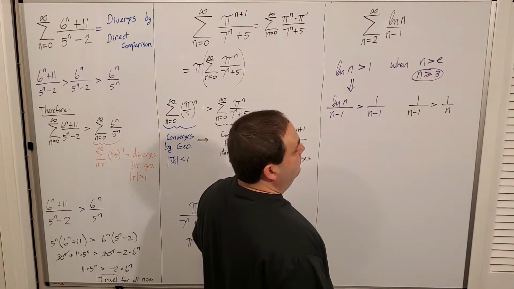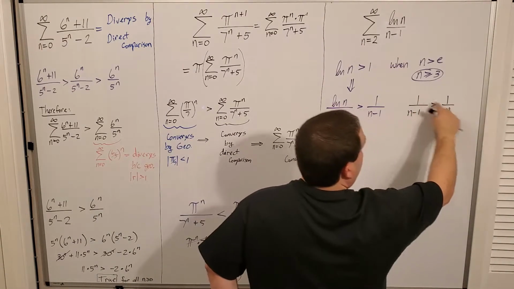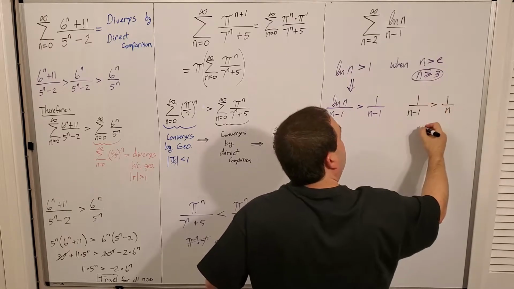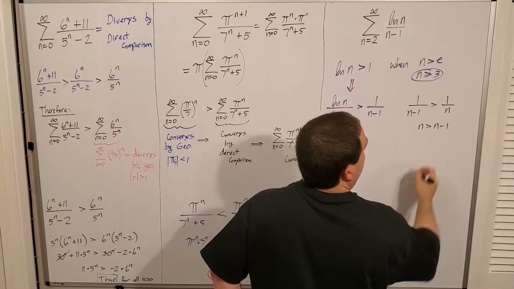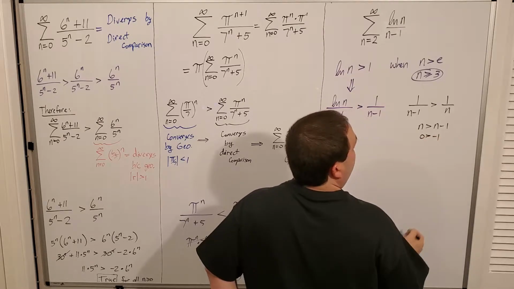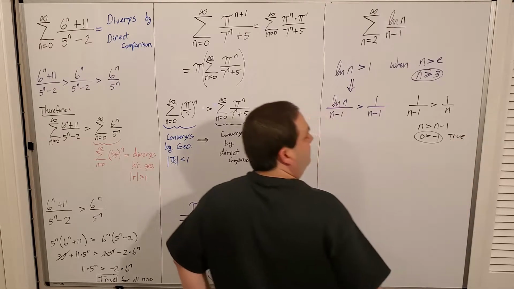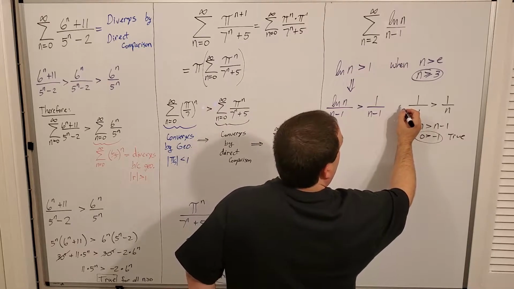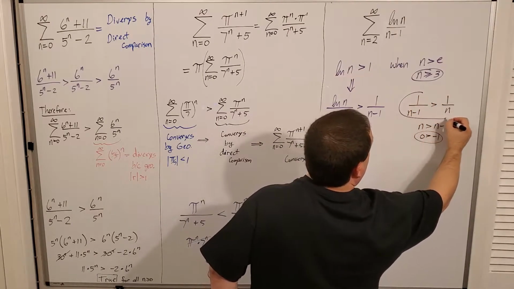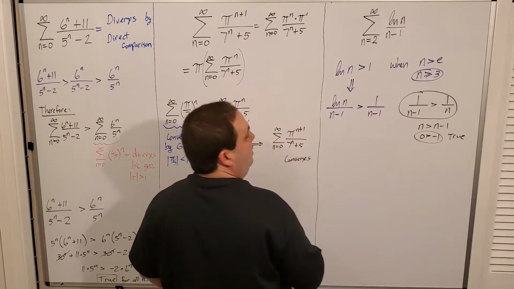Okay, if you need proof of that, you can simply do your little multiplication trick here where n times 1 is n, minus 1 times 1 is n minus 1, and you get that 0 is greater than -1, which is always true. Okay? Now, we are using this fact right here coupled with this fact right here.